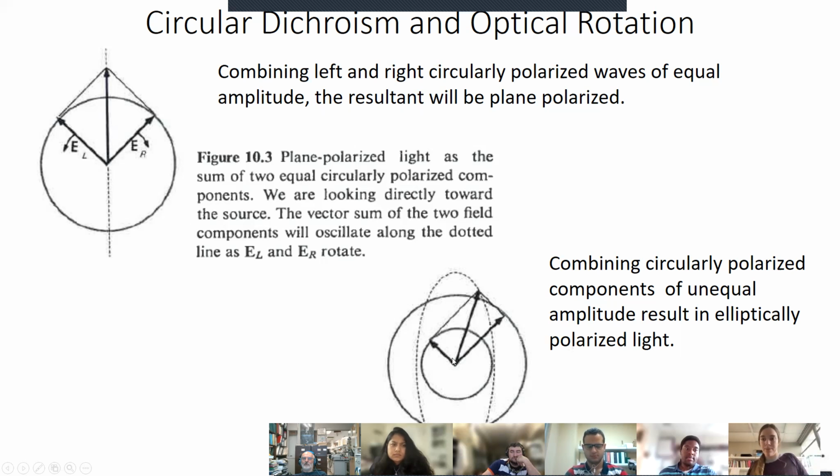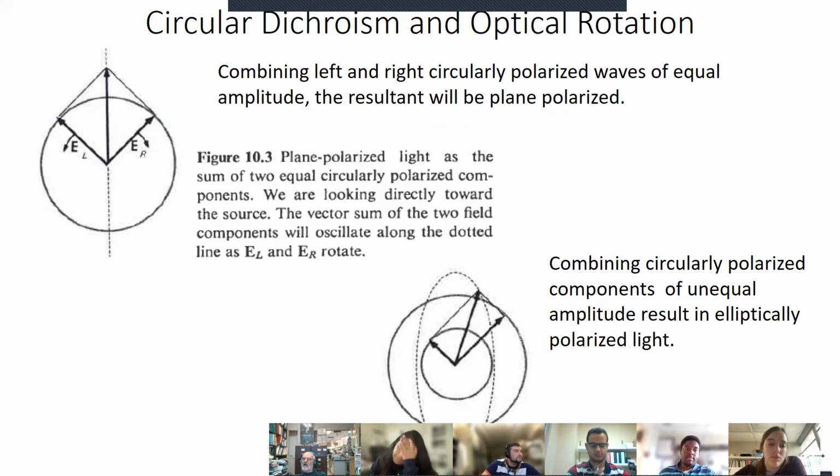However, if the left and the right circularly polarized light were unequal amplitudes, then that would create a resultant light beam that was right circularly polarized. It would be the sum of the projections of these two vectors onto the resultant. And so you would get elliptically or circularly polarized light out of the combination of these two left and right circularly polarized beams.